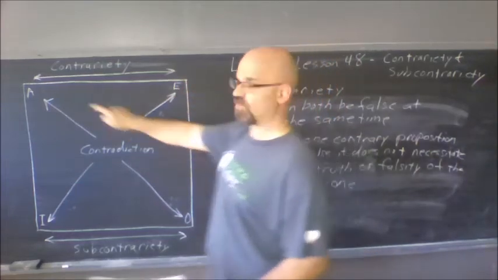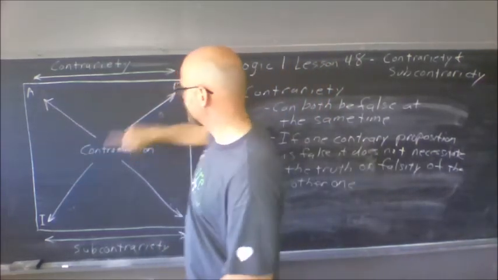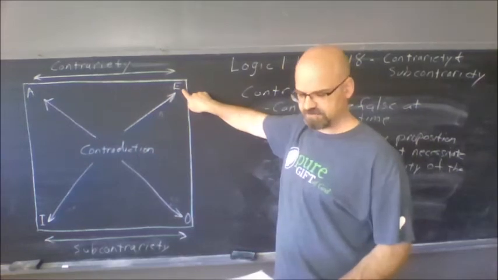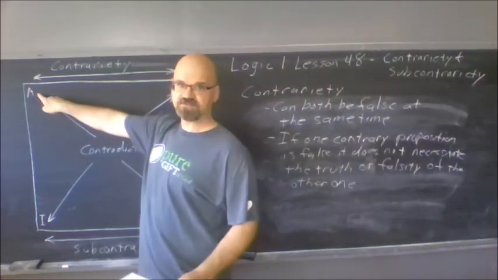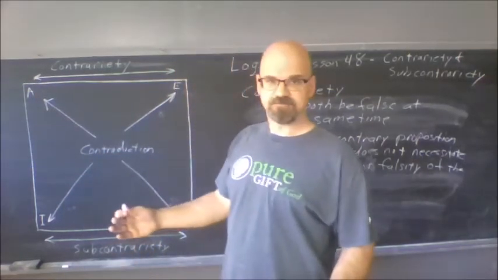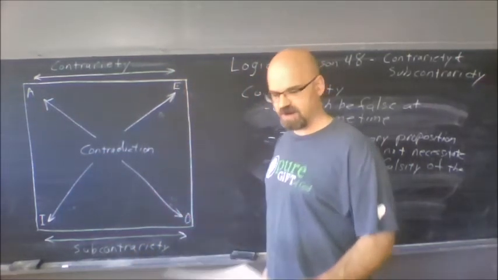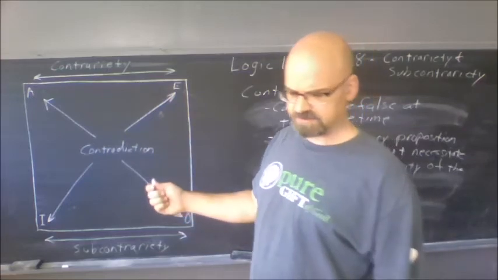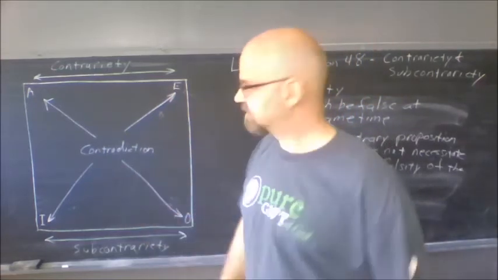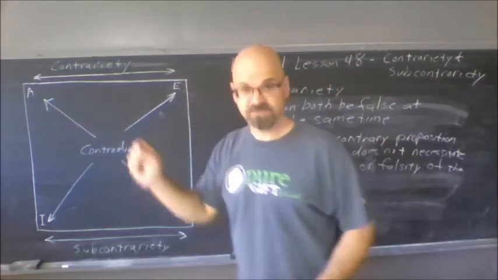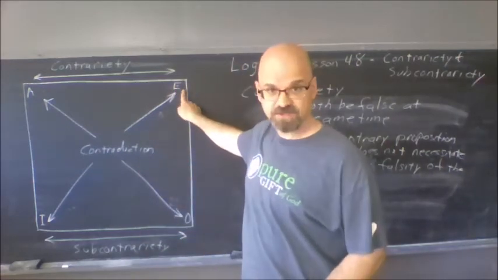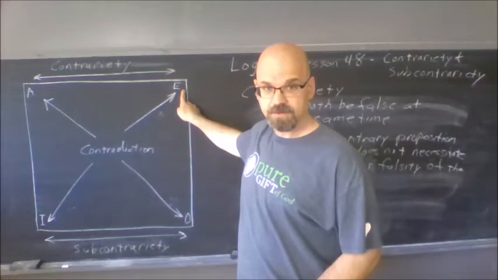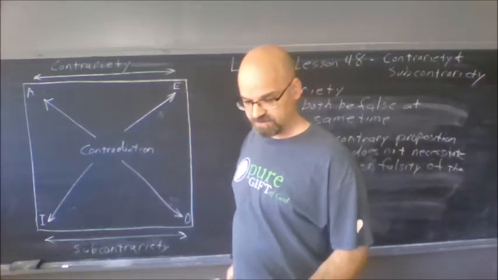If A is true, E must be false. However, let's turn that around. Let's say that A is false, which it actually is, right? Because not all boys are pigs. But if we say that's false, does that mean that E has to be true? No, it does not.